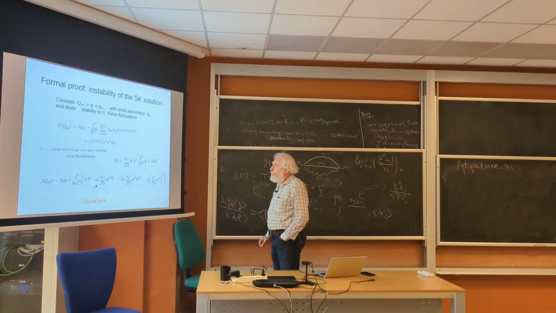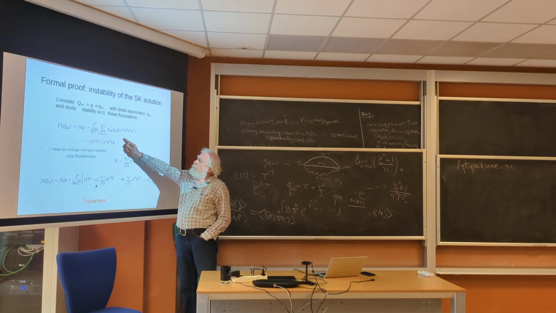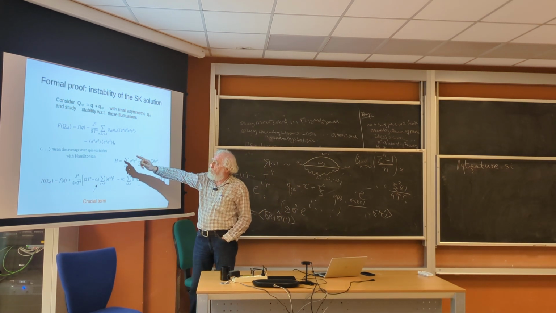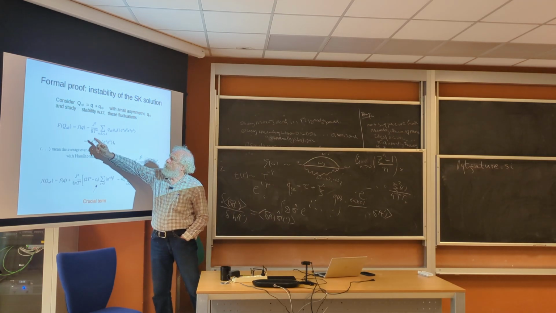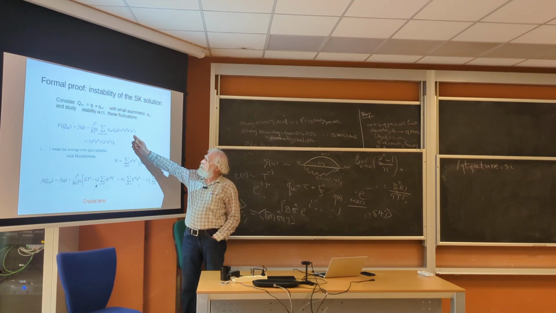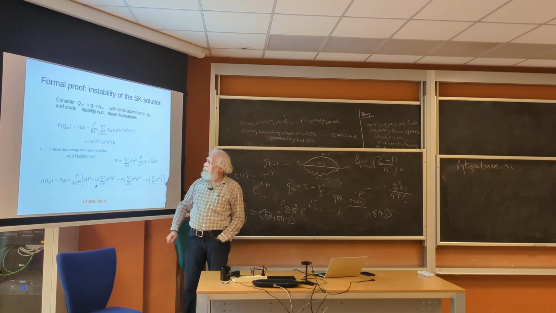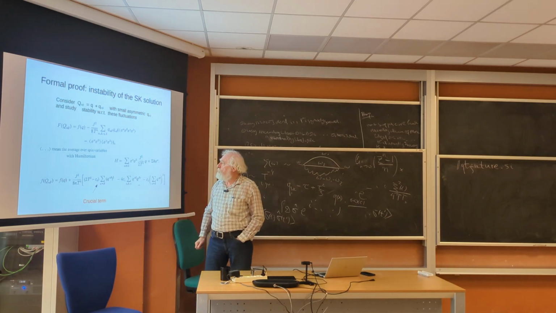Then we can show that the free energy is the saddle point free energy, and this additional term here, alpha, beta, gamma, delta, all different indices. And we need to calculate two averages, all four together, and then subtract this.